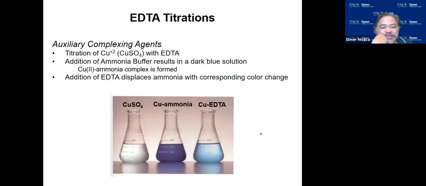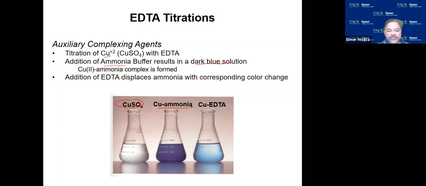So sometimes you can titrate EDTA with the calcium, copper, and what they do is they add an ammonia buffer, which results to a dark blue solution. So a copper ammonia complex would form, and then addition of EDTA, it will displace the ammonia with the corresponding color change. So this is just copper sulfate.